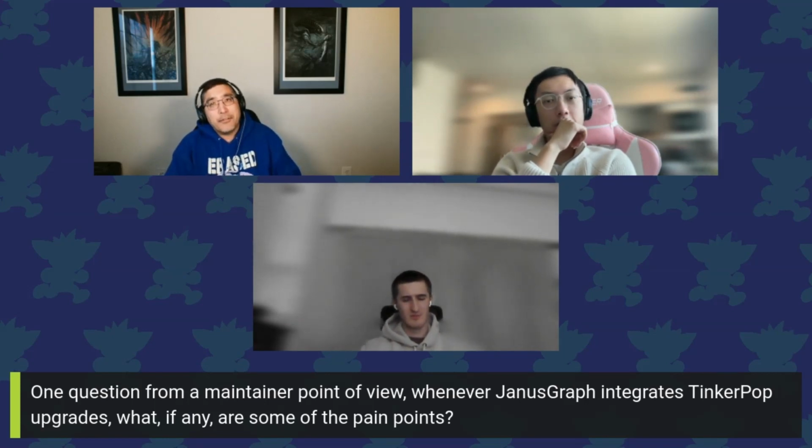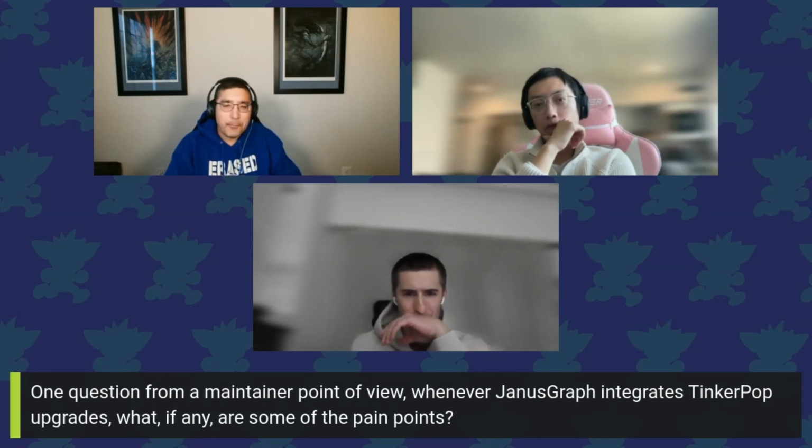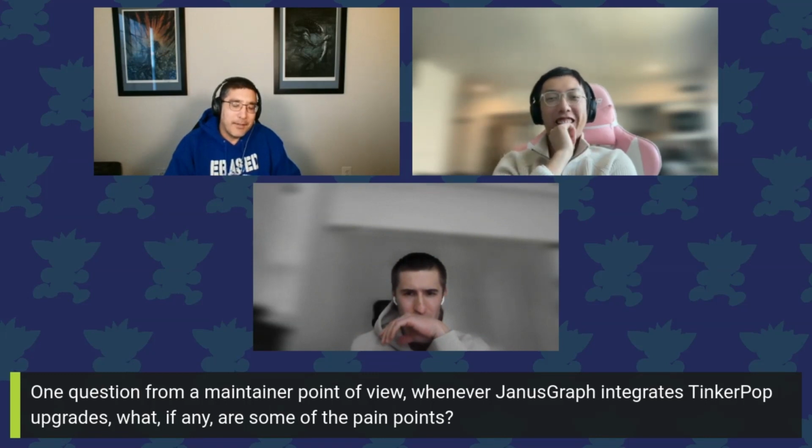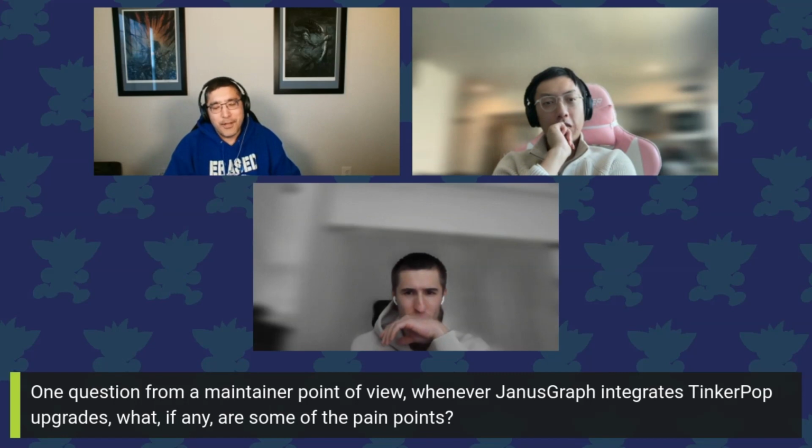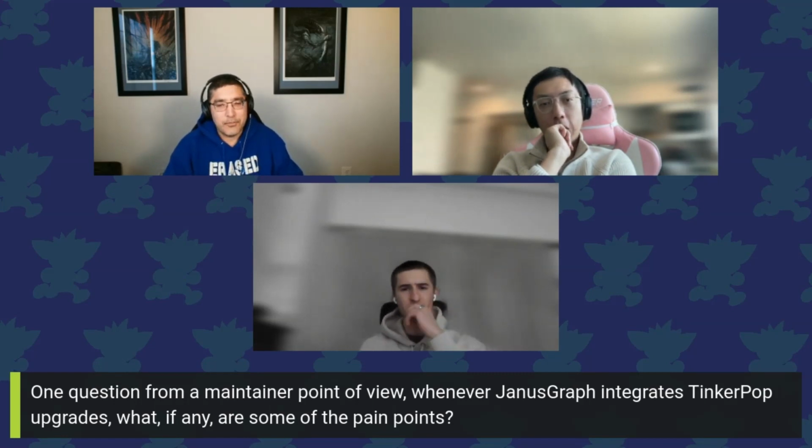I think JanusGraph might have one of the easier times consuming TinkerPop stuff. Of all the graphs I've worked on, I have a feeling JanusGraph probably has one of the easier times.